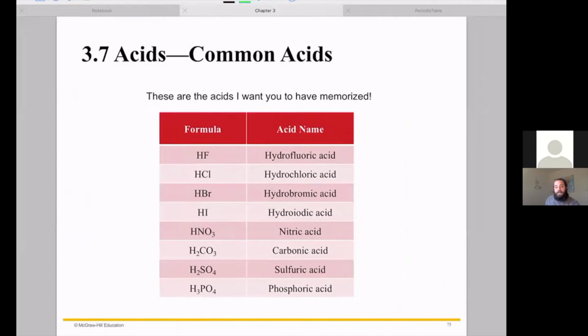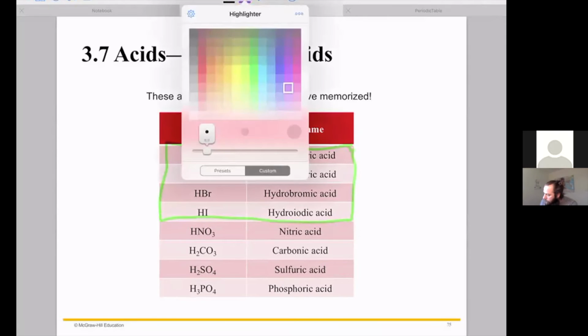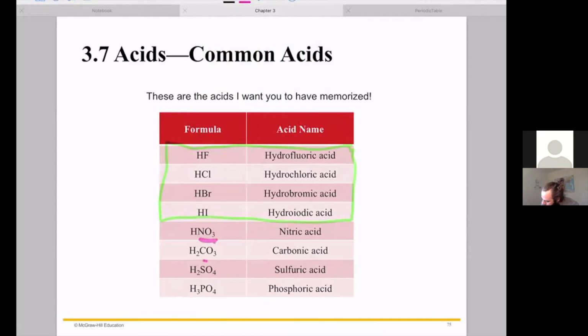In terms of the acids, these are the ones that I think you need to have memorized. All the halogens are there: hydrofluoric, hydrochloric, hydrobromic, hydroiodic. These all have halogen anions. The other ones contain those same four polyatomic anions I told you have to be memorized. So the nitrate ion, remember ates go to ic.